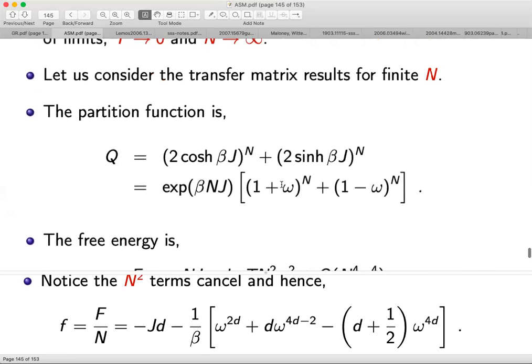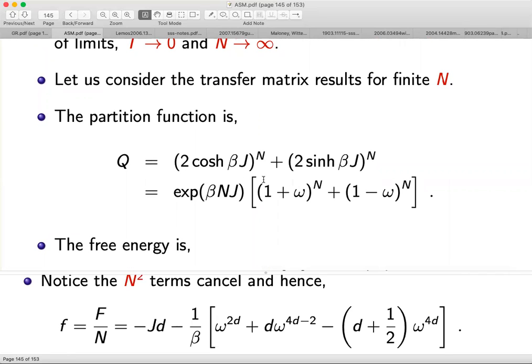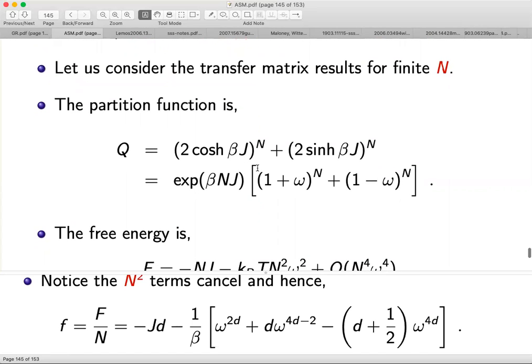Wasn't the one-dimensional partition function just cosh beta j? That is in the thermodynamic limit, right? When we were calculating, this is a finite n limit. In the thermodynamic limit, of course, only cosh beta j would dominate.